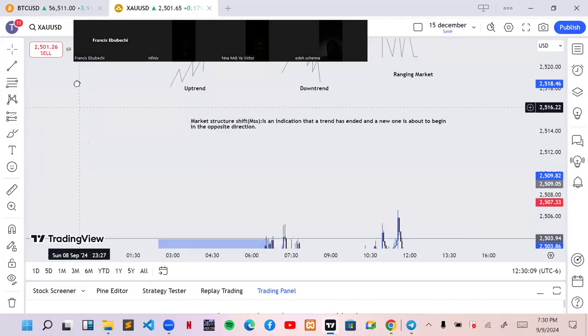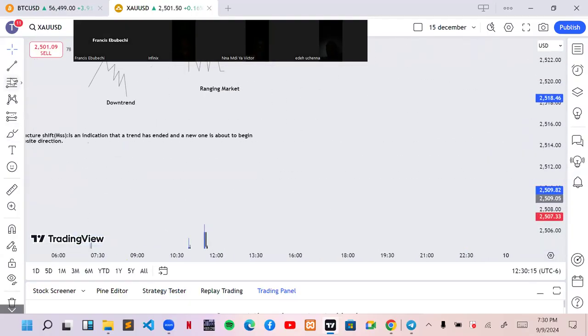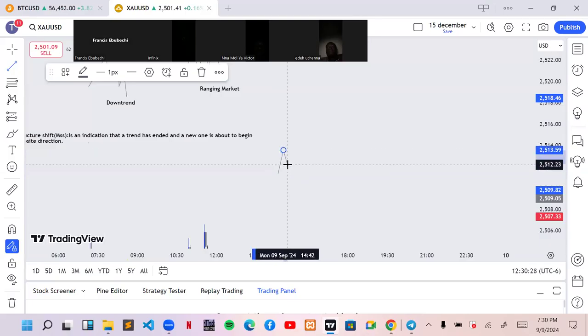For example, let's say that the market was previously on an uptrend. That is something like this. And you know what an uptrend is? The market is making a series of higher highs and higher lows. That's what it means for the market to be on an uptrend. So let's say this is what the market has been doing: higher highs and higher lows, higher highs and higher lows.